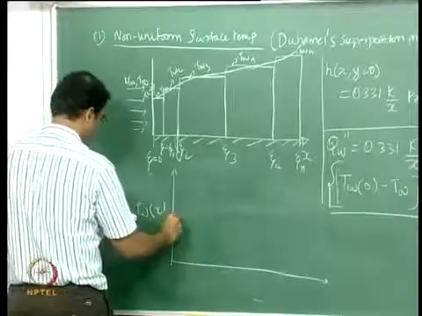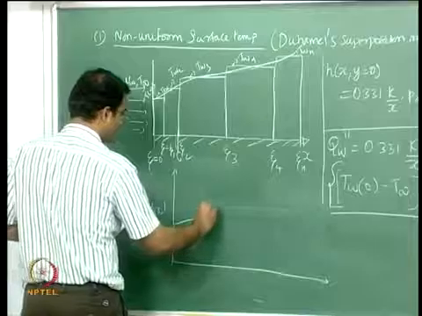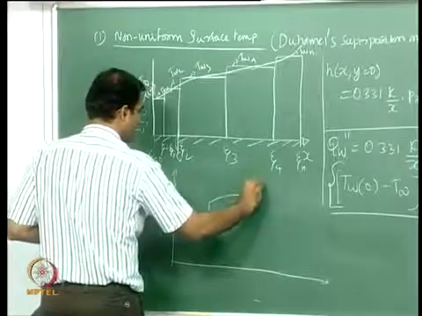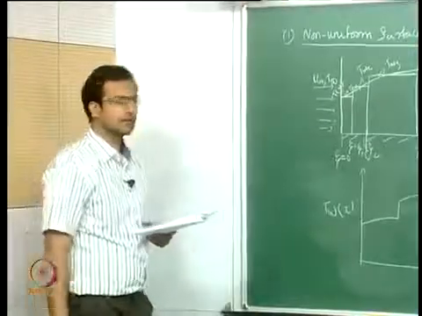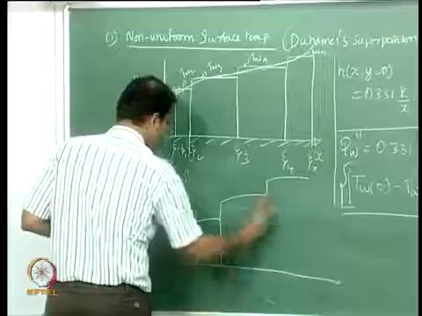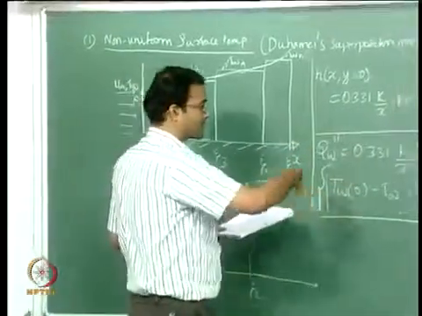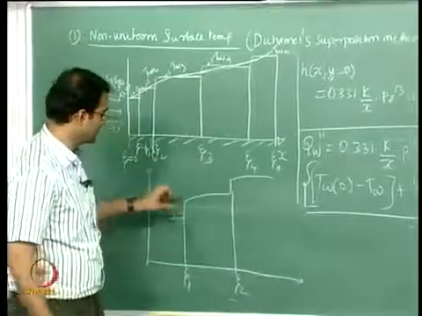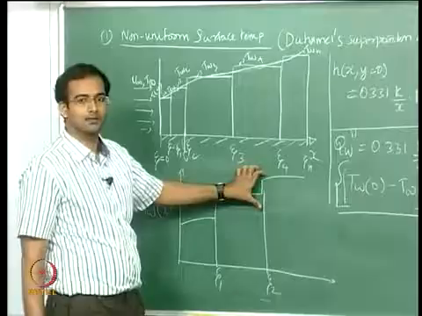So you have a continuous variation and suddenly you have a jump here, and again you have a continuous variation. So it is what, piecewise continuous. Okay. So in such a case you know the location of these jumps may be at zeta 1, zeta 2, or so the same expression, plus you have to account for these jumps, local discontinuities. Okay.